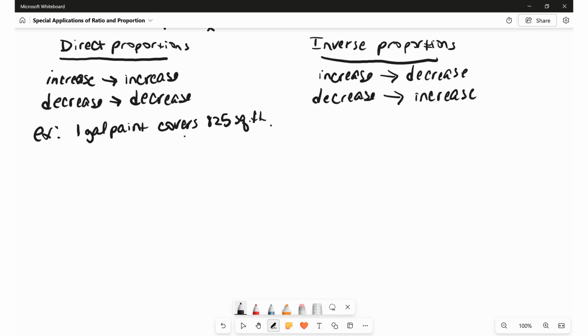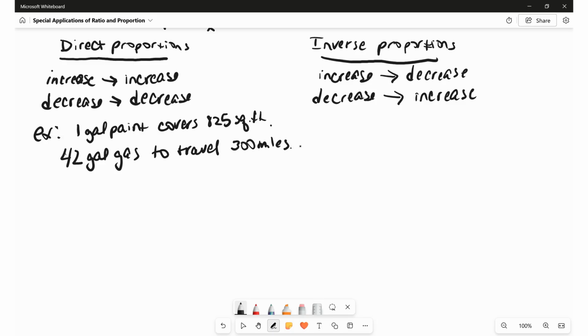Another example is that it takes a particular vehicle 42 gallons of gas to travel, we're going to say that you have a very inefficient vehicle, 300 miles.